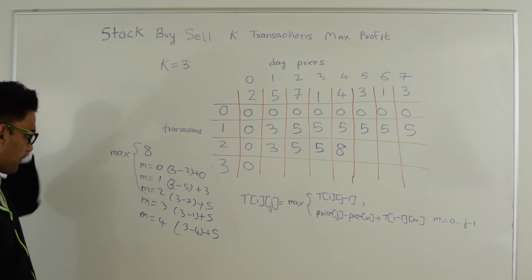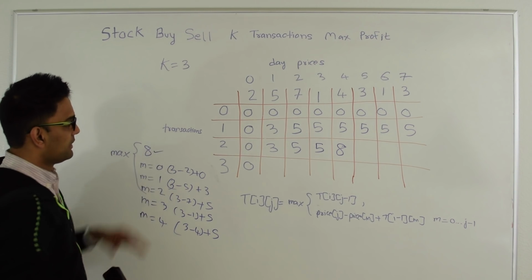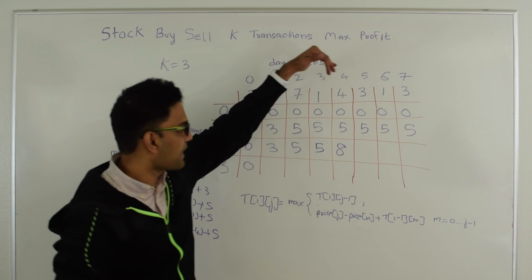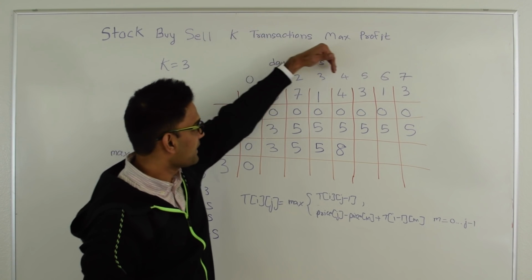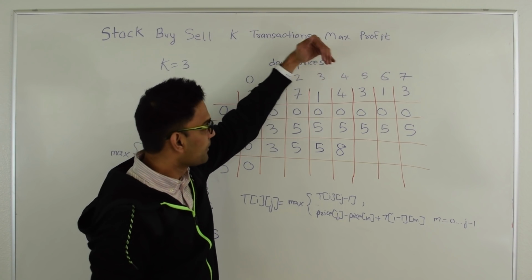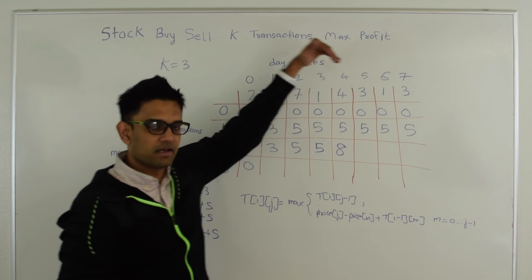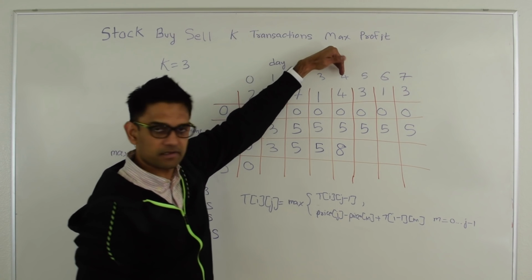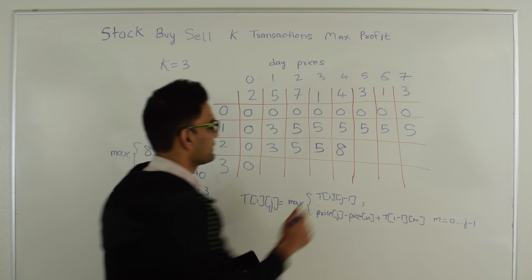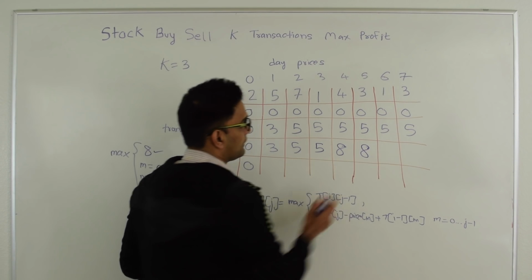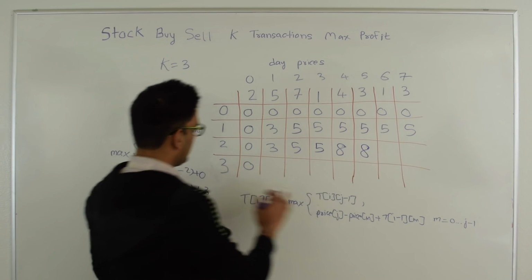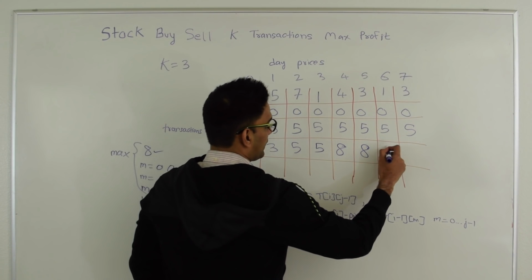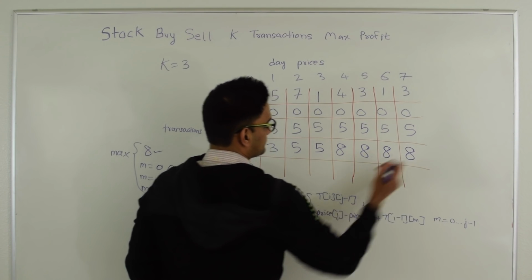So here our best bet is this value 8, which is basically saying not transacting at all on the 5th day, and take whatever the best you can do till 4th day. So that value is 8. And if you continue doing this, the best you will be able to do will be 8.